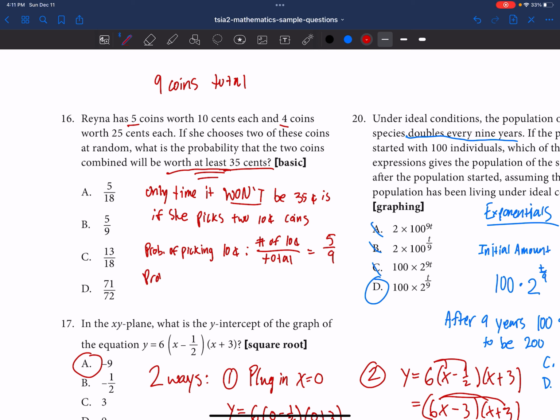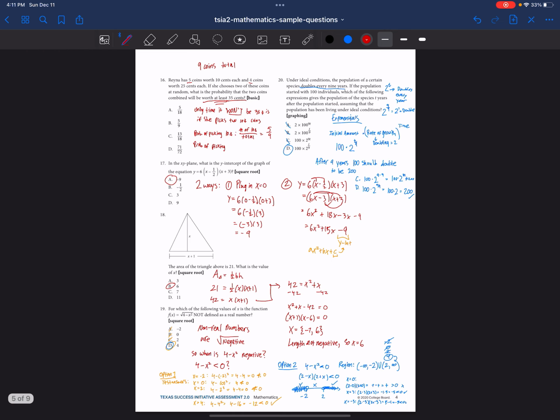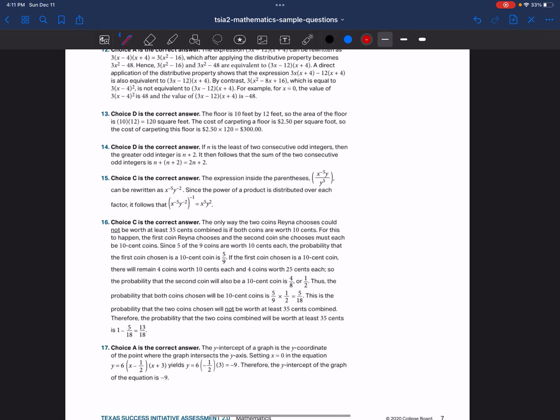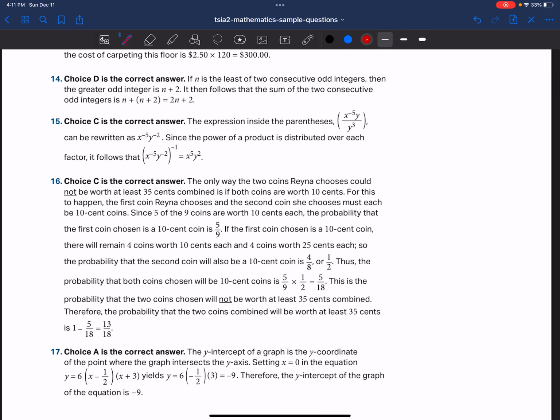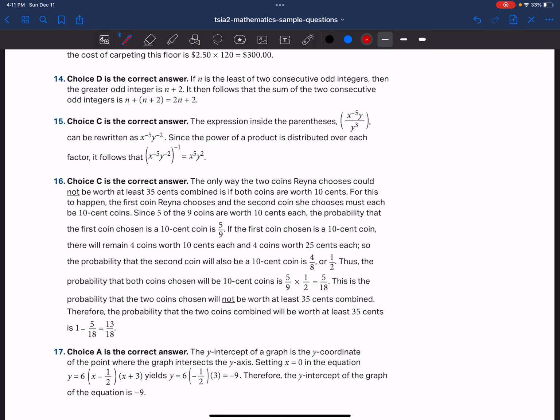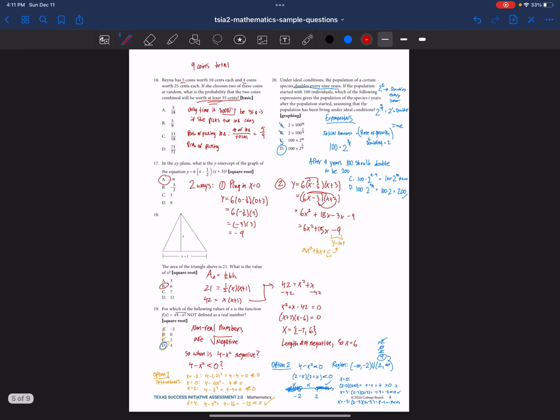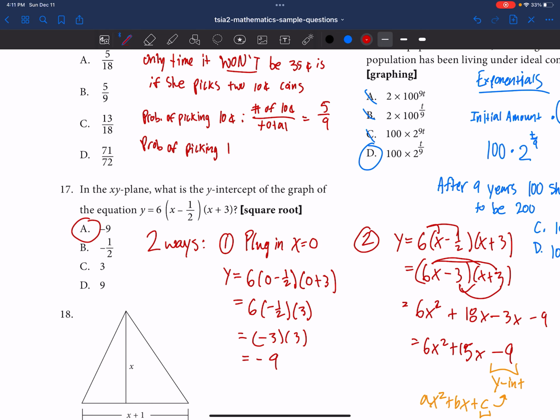And then the probability of 10 cents again, because there'd be 4 remaining, would be number of 10 cents over total, which would be 4/8.